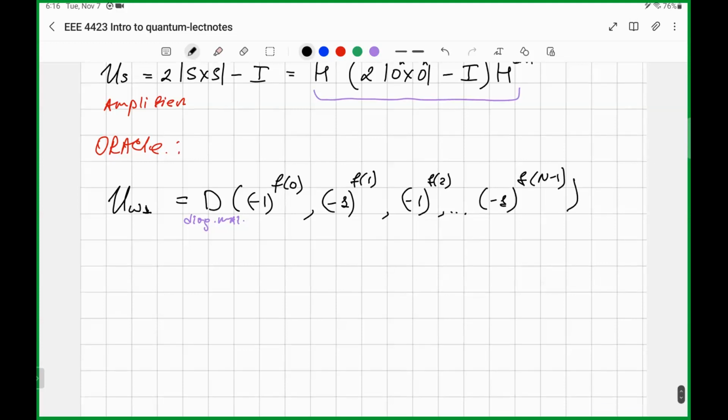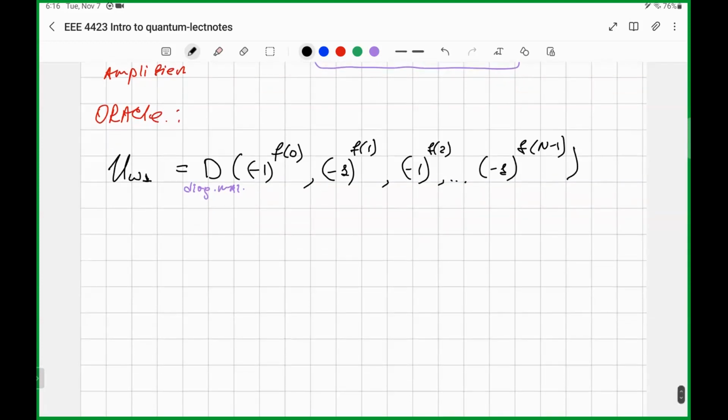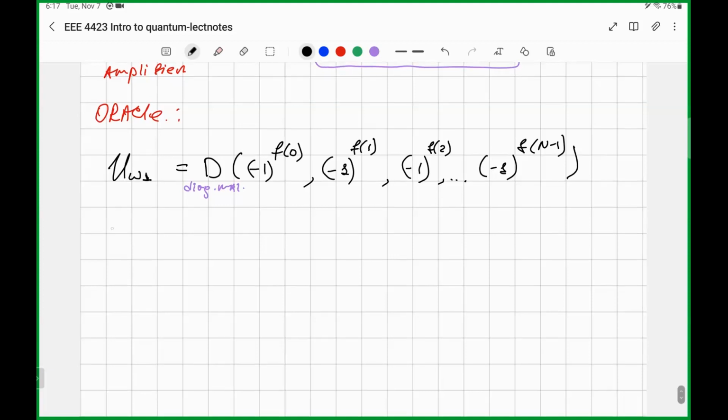Okay, so this is just a matrix with these coefficients. We can denote this oracle operation in terms of function f. So this function f, right?